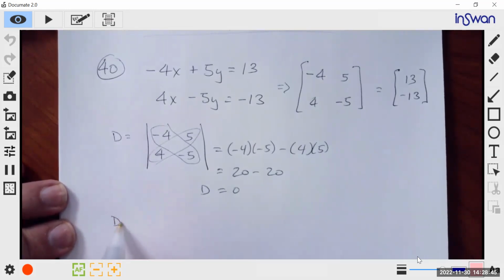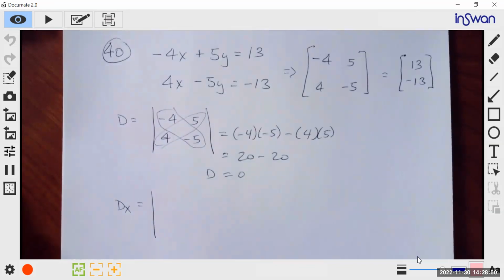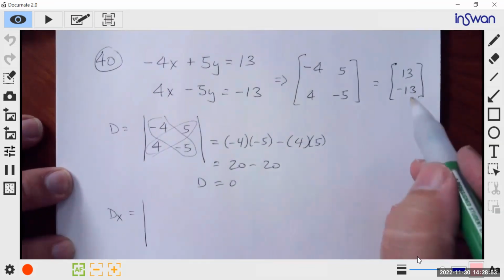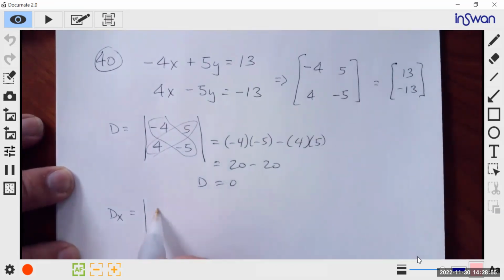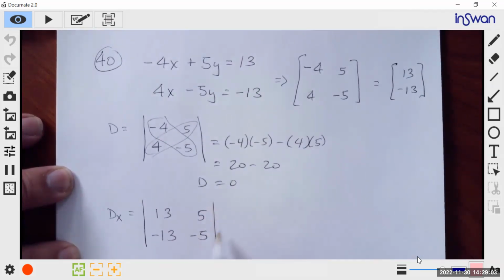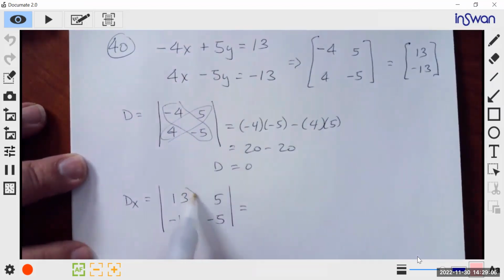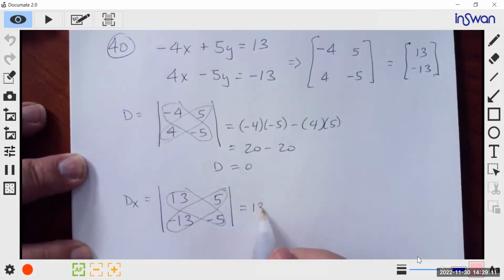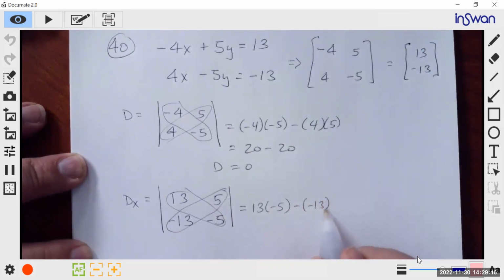So let's find dx. Remember how we do dx? We just take the answers and put them in the x column. Leave the y's alone. 13 times -5 minus -13 times 5. -65.